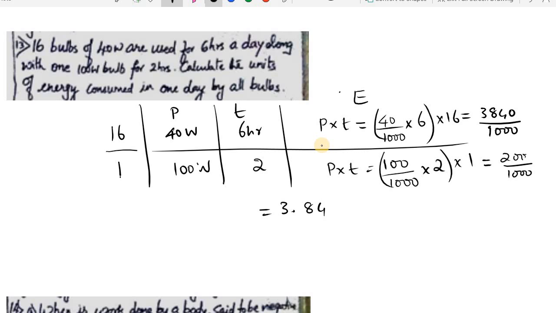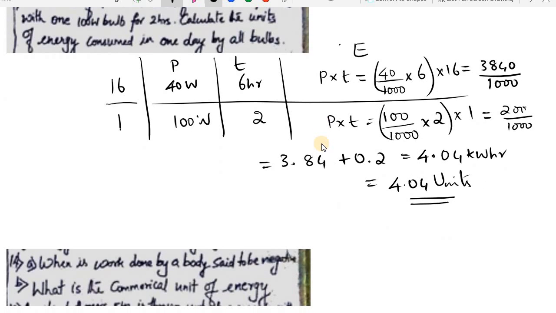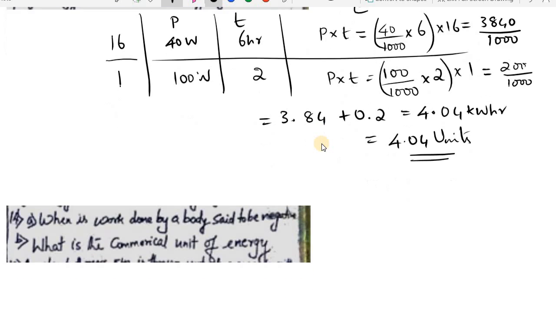So I get 3.84 plus 0.2, which is 4.04 kilowatt hour, or I can write it as 4.04 units. One unit is a commercial unit. It is a commercial unit of electricity, and a commercial unit of electricity is 1 kilowatt hour. That is something you need to keep in mind.